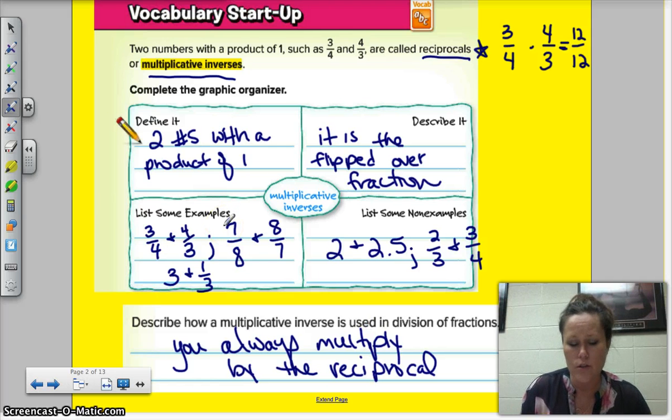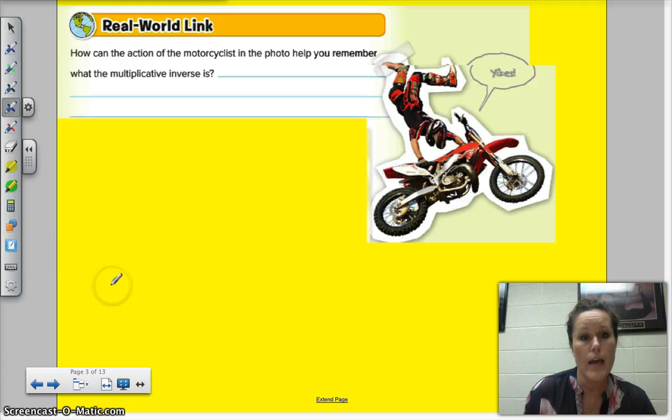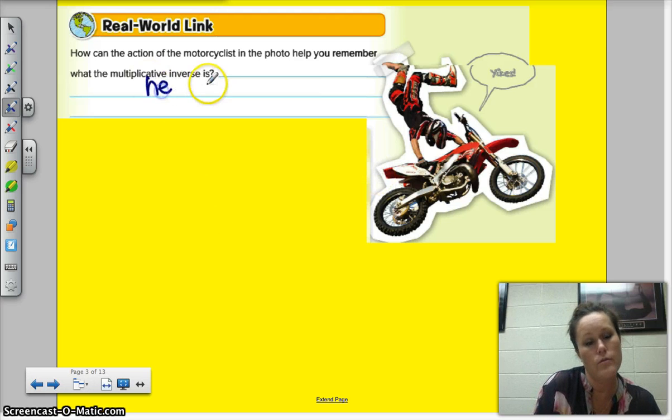We are going to ask that you know that when dividing fractions, you are multiplying by the reciprocal. So, how can the action of the motorcyclist in the photo help you remember what the multiplicative inverse is? Well, obviously he's flipped over, so that's how we can remember.